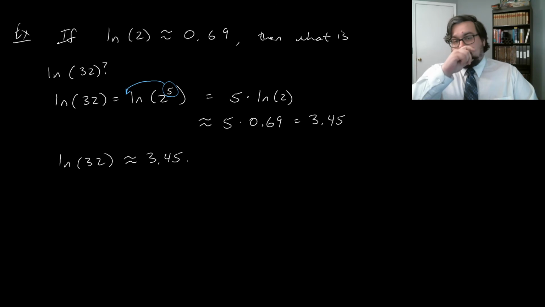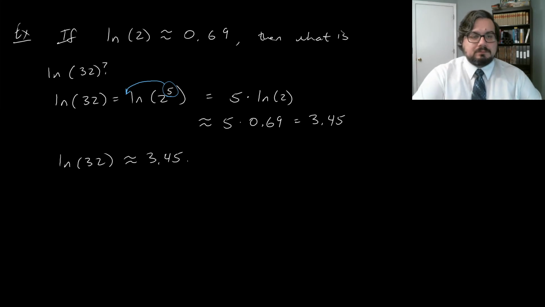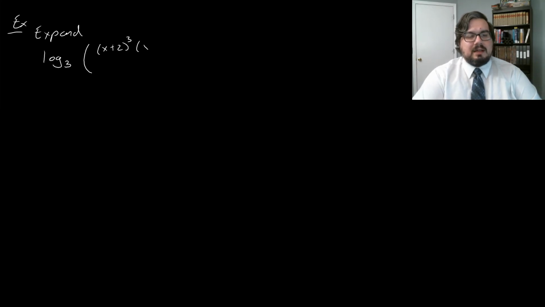However, possibly more importantly, we can use the power rule to expand and condense logarithmic expressions like we had before that are more complicated. Let's take an example. Let's try to expand the log base 3 of (x plus 2) cubed times (x minus 1) to the 7th over x to the 15th.